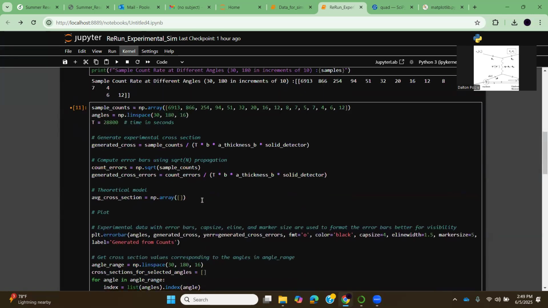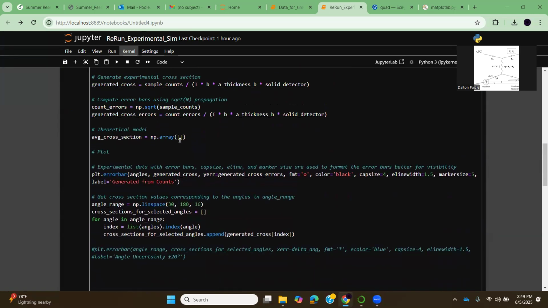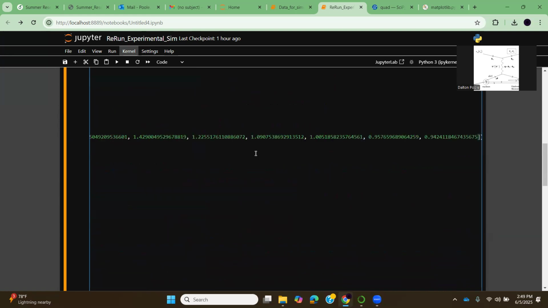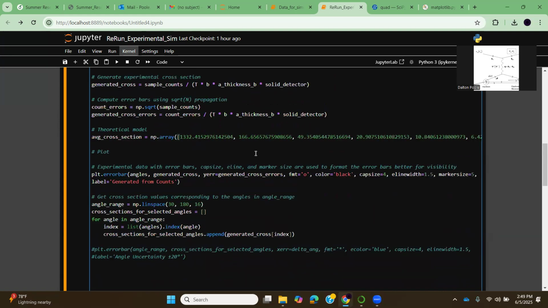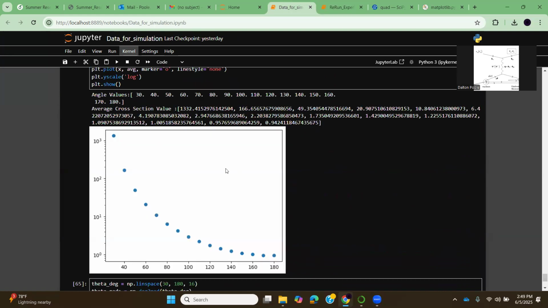Now, there are some things I need to make sure that I'm doing correctly. One of the things I need to make sure of is, okay, it's giving me my average at these different points: 30, 40, 50, 60, 70.